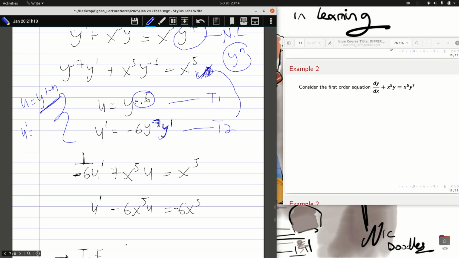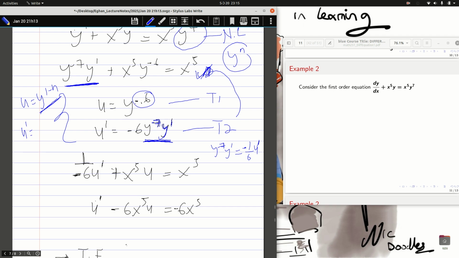So let's do that. You realize that I have y to the power -7 y prime. I have it here, but there's -6 attached to it. It means that y to the power -7 y prime is equal to -1/6 u prime, and that is what I have here.